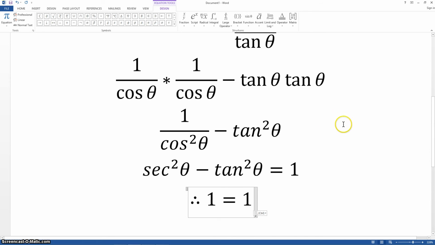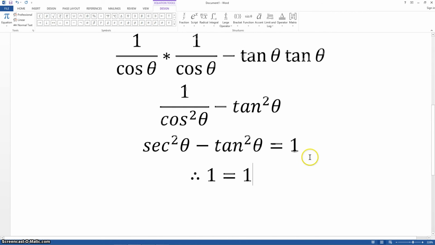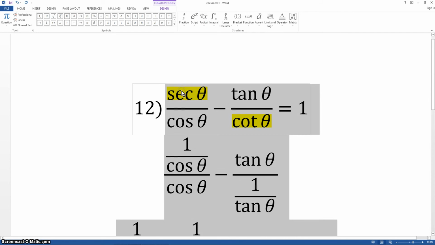All right, number 14. 14 looks like a good one, so let's just check it out.